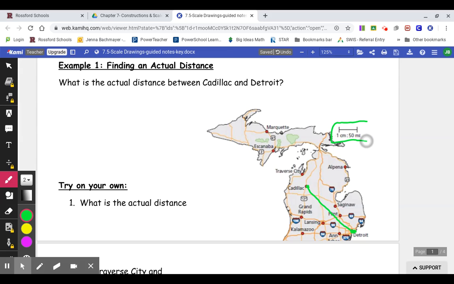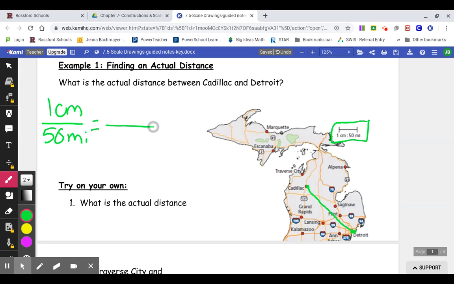Now, the scale of our map is 1 centimeter to 50 miles. So I'm going to set up that ratio. You're going to have to pause the video and actually check it to see the distance. So I have 1 centimeter compared to 50 miles in real life.